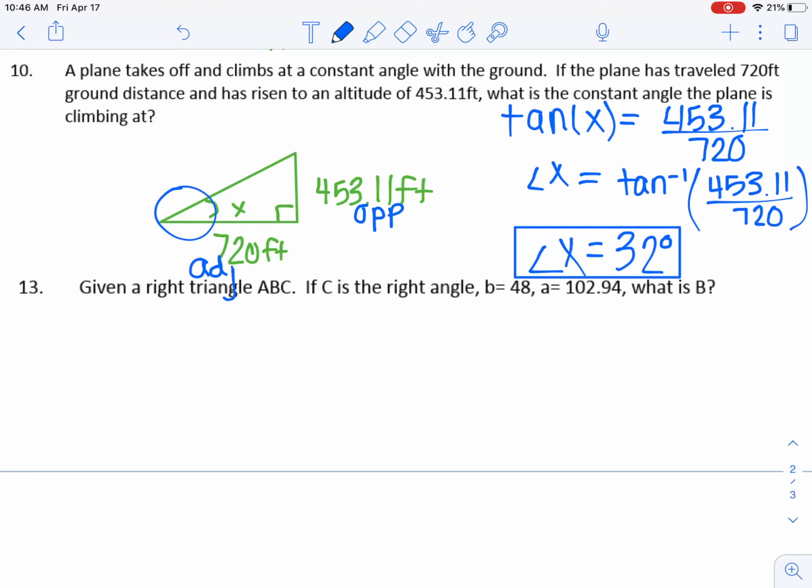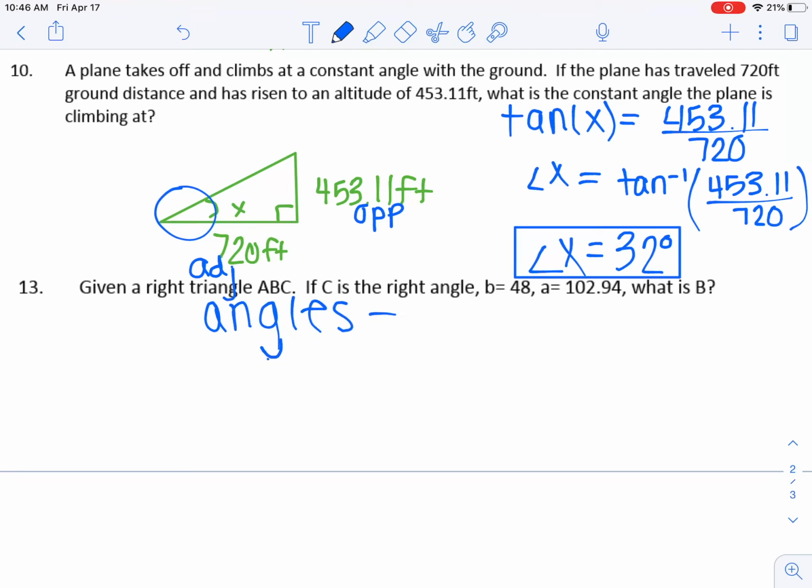All right, we've got one more problem to go over, number 13. Given a right triangle ABC, if C is the right angle, b equals 48, a equals 102.94. What is B? So notice that we have some lowercase and capital letters. You should probably have heard this before, but just a refresher in case you haven't.